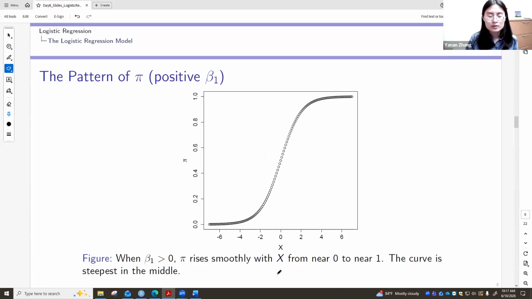So suppose we have a positive slope. Okay, let's think about the example of coronary heart disease. So the pi here is the probability of developing a coronary heart disease. And x, let's think about as air pollution. Okay, some value of air pollution.